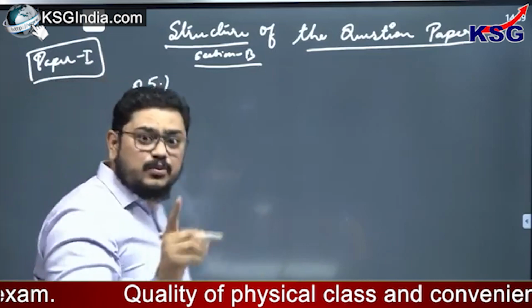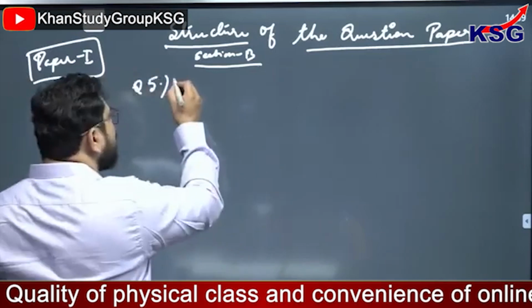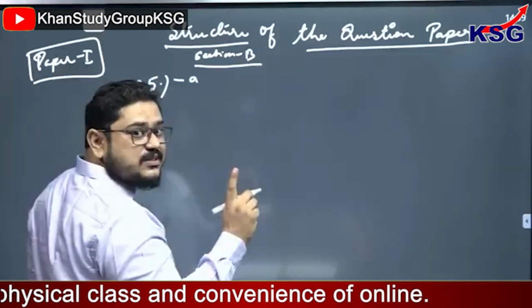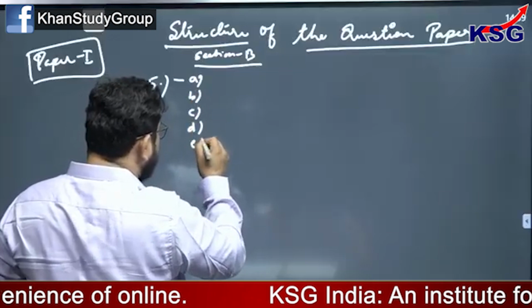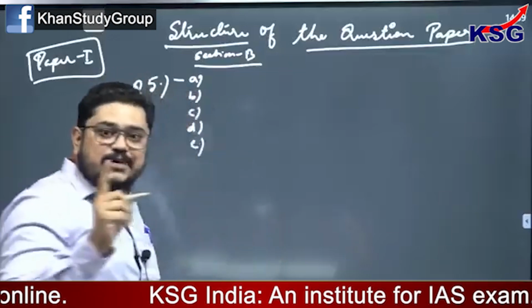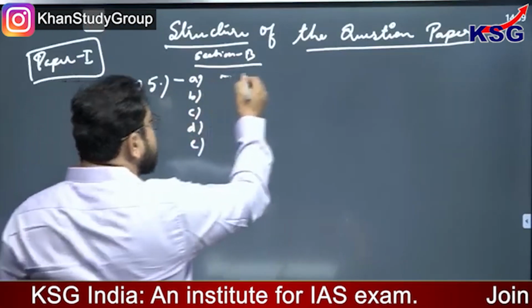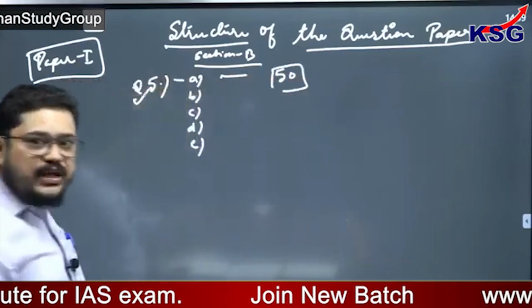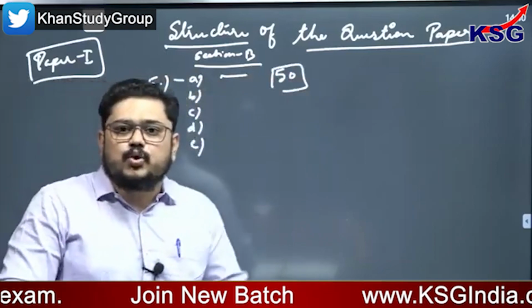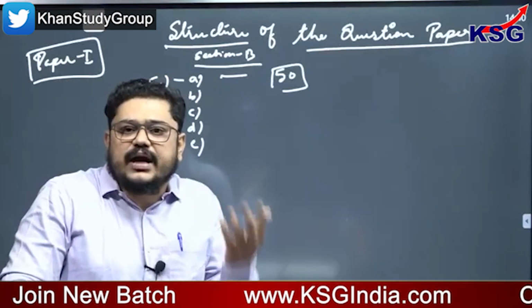Similar to question number 1, question number 5 will have 5 sub-questions, A, B, C, D, and E, where this is a compulsory question. You don't have an option whether you choose to write this question or not.